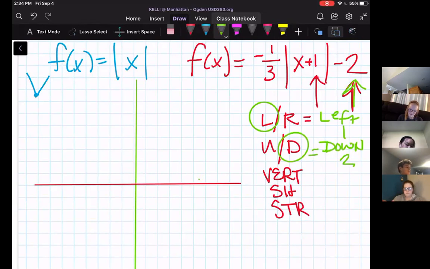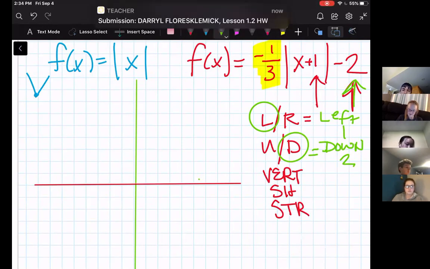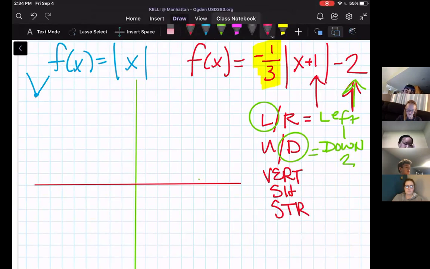All right, so the big question, what does this tell me? It's doing something with vertical. Oh, and there's something else happening, right? The negative tells me one thing, but the 1/3 tells me that it's got a vertical, are we shrinking or stretching?